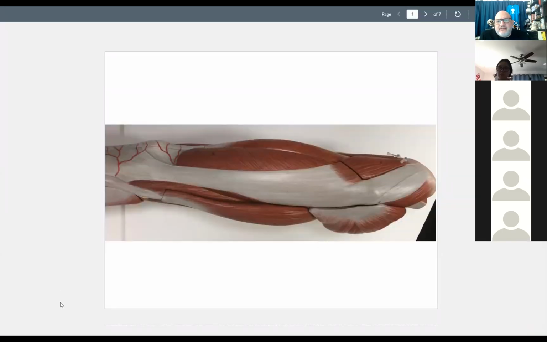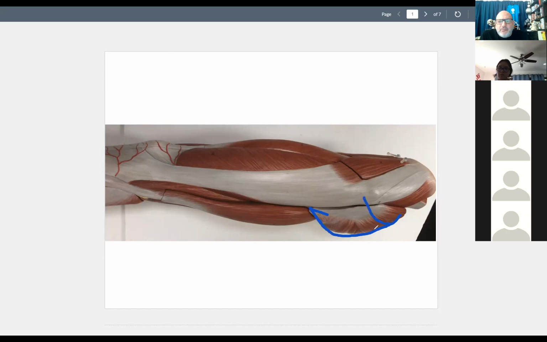And when you look at the leg models, you see something like this. Notice here again, we can see where some of the fascicles of the gluteus maximus, this here is the gluteus maximus, are coming into that gluteal tuberosity on the back of the leg.